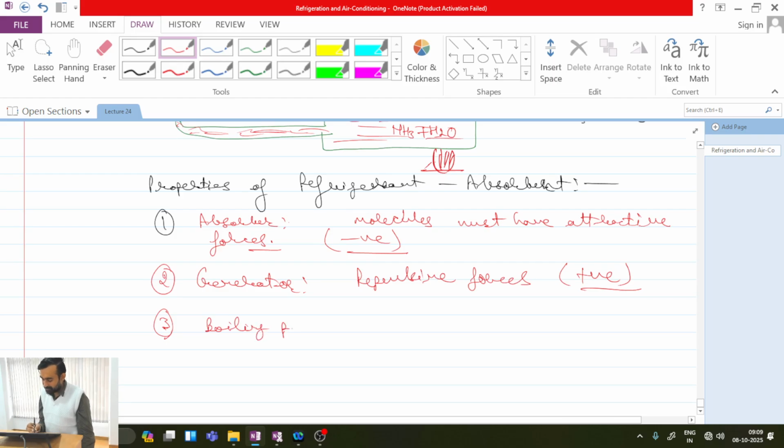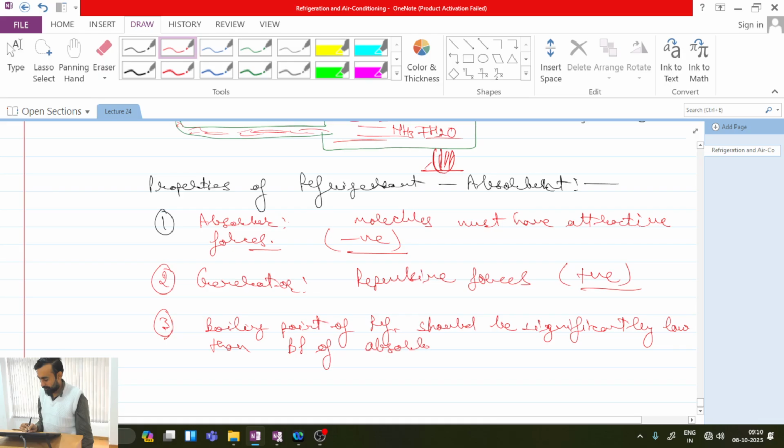Then the third important point is that the boiling point of the refrigerant should be significantly lower than the boiling point of the absorbent. Typically the difference should be greater than 200 Kelvin.